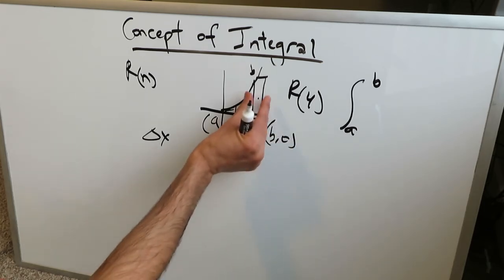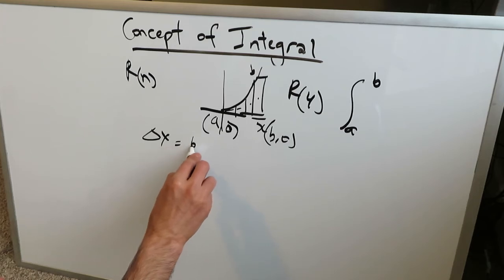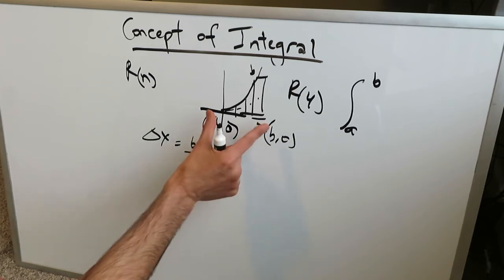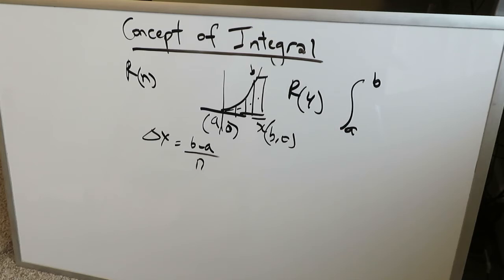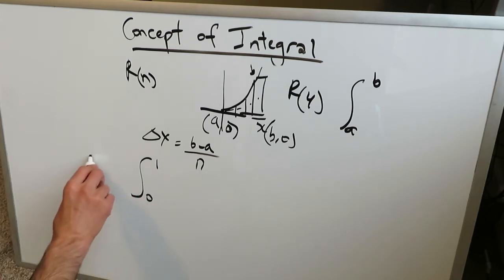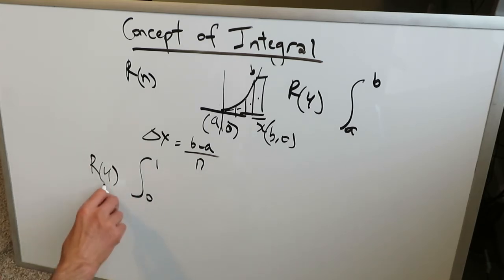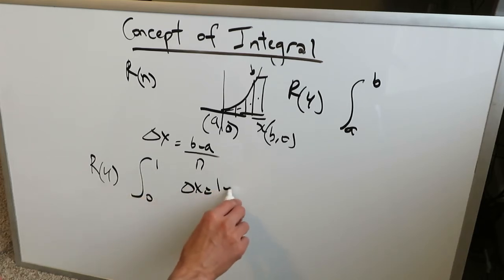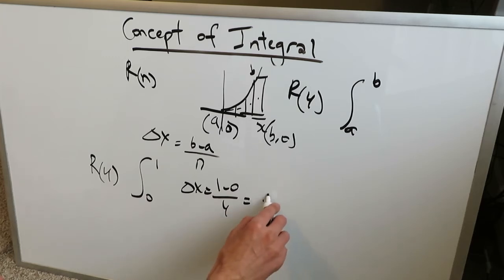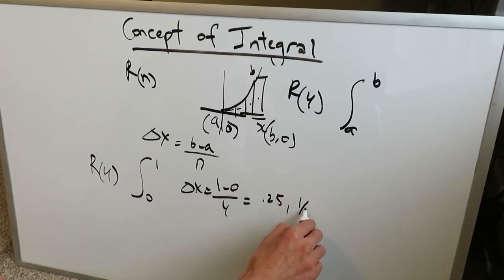When we're looking at the width of each of these rectangles, your formula is b minus a, your interval, divided by the number of rectangles you're dealing with. If you have an interval which is 0 comma 1 and you're trying to look at Riemann 4, you have 4 rectangles, your delta x in this case will be 1 minus 0 divided by 4. So each of your widths of your rectangles will be 0.25, or you can say 1 over 4.